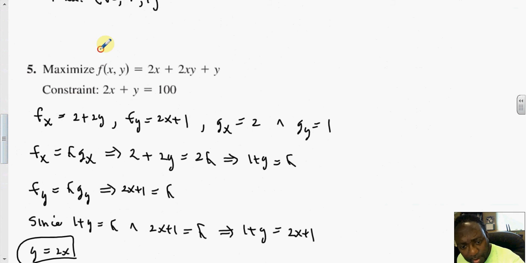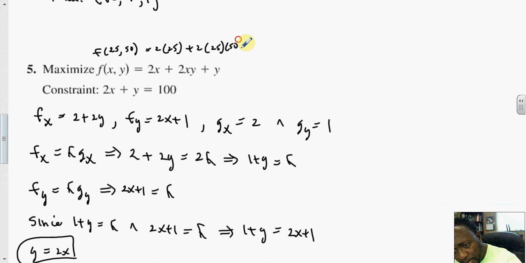And so we have f of 25 comma 50 is equal to 2 times 25 plus 2 times 25 times 50 plus 50. So we get 2,500 plus 100, so that gives us 2,600.